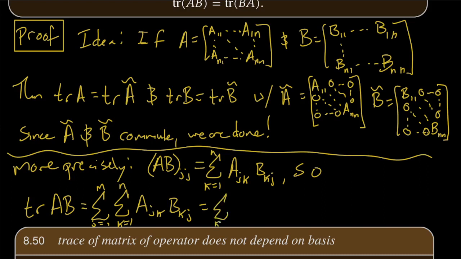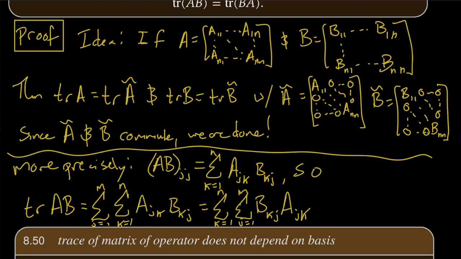So if I flip and I sum over k first, and then I sum over j, B_kj A_jk. Have I really done anything from the first one to the second one? No, those are equal.